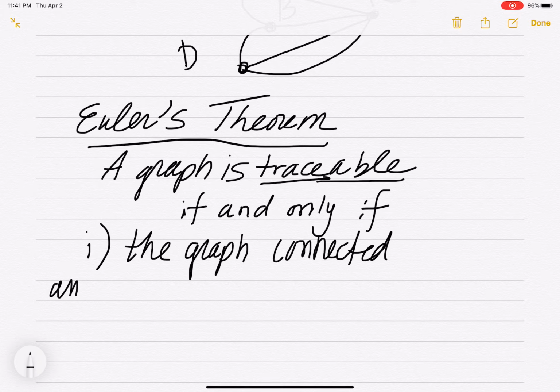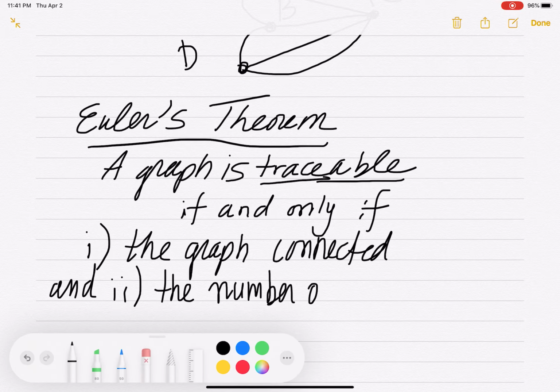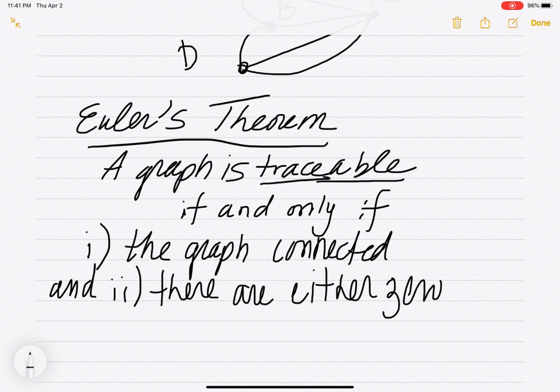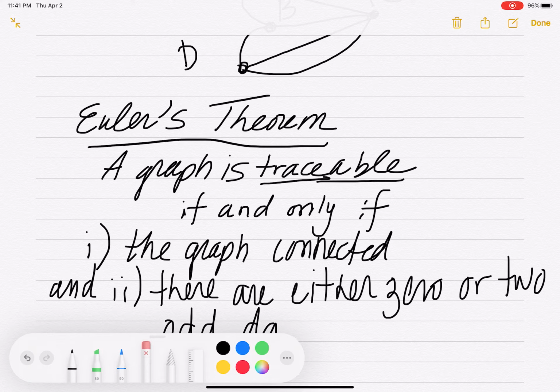And number two, well, let me put it this way. There are either 0 or 2 odd degree vertices.